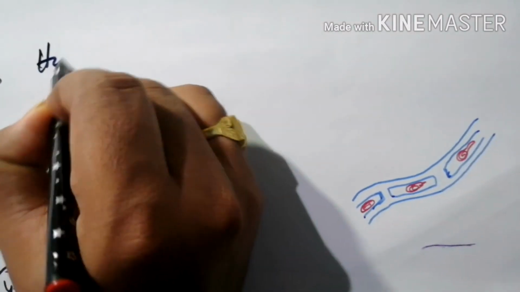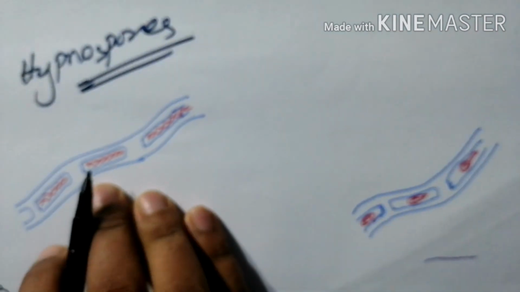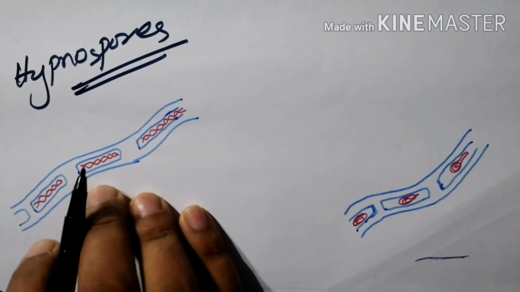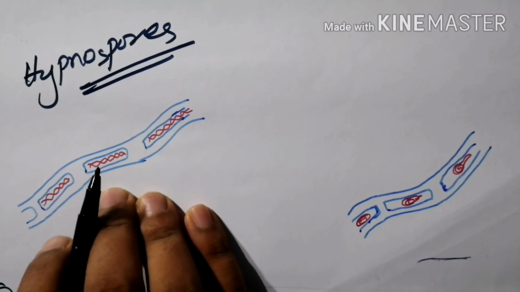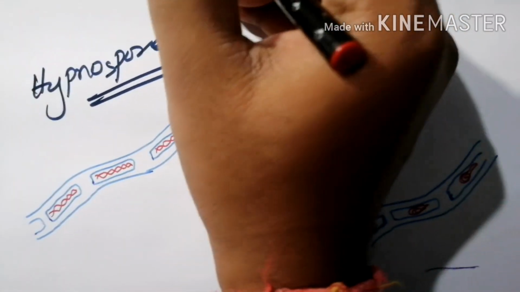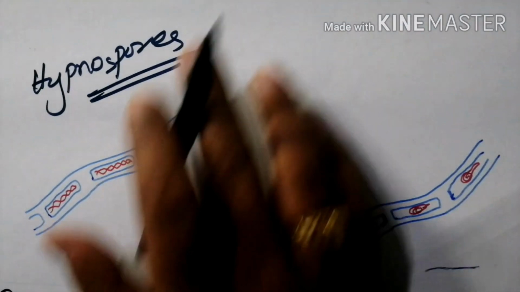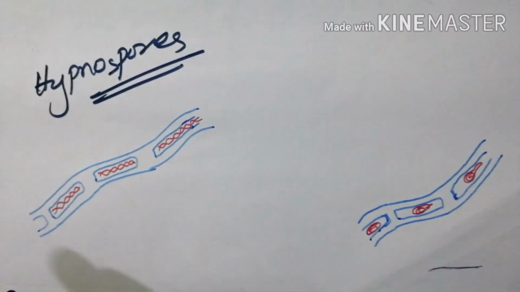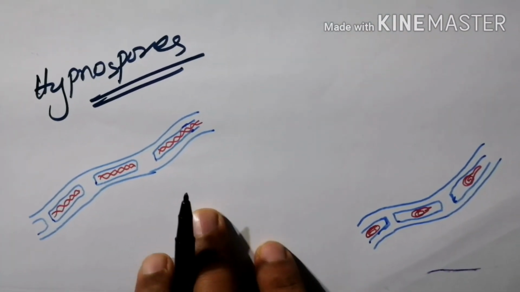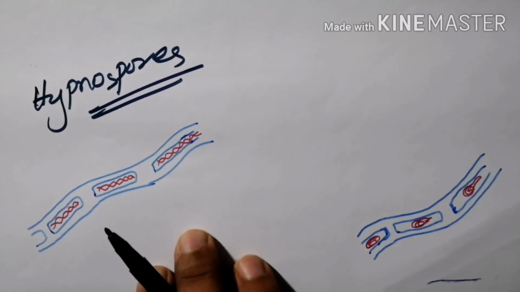Hypnospores. This is the structure of your Hypnospores actually. Hypnospores are mostly thick walled spores produced inside the cell. These are also produced inside the cell, and these have thick walls. Previously I told you about thin walled in the upper diagram of the Aplanospore, but this is thick walled. In the case of Chlamydospores, I already told you that these are also thick walled spores, but they are rounded in structure.